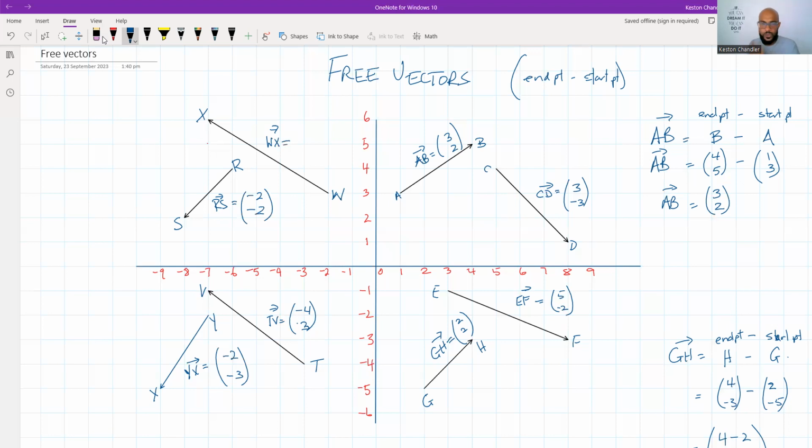This one, WX, X is the endpoint, -7 minus -2. That's -5. And then X is the endpoint. So we're looking at 6 minus 3 is 3.